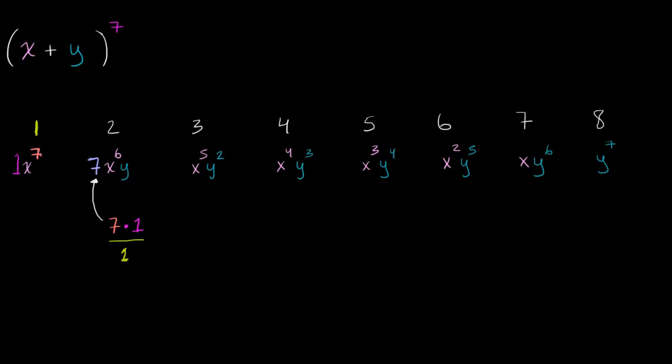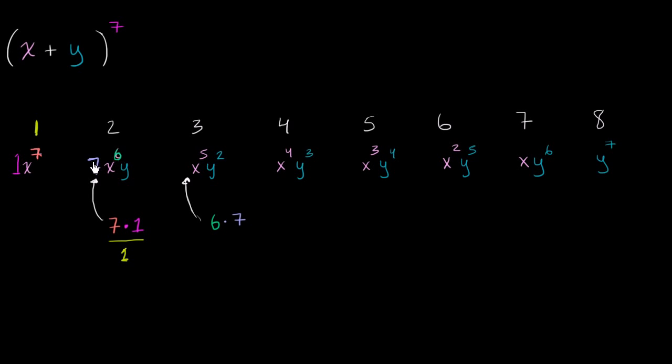Now what about this one? Well, we use the exact same process. It is going to be the exponent on the x term. The exponent on the x, which is 6, times the coefficient of the previous term, so times 7.